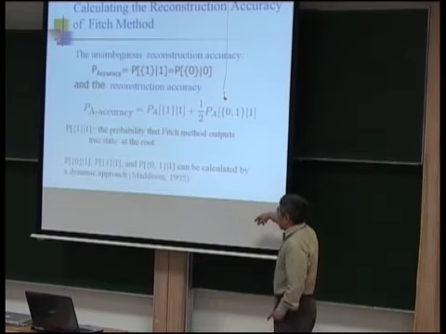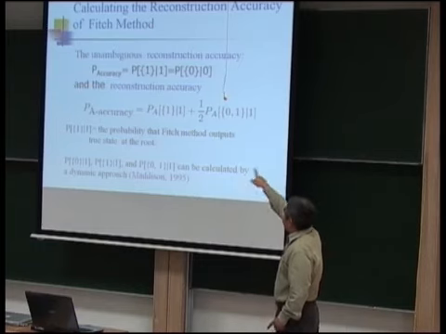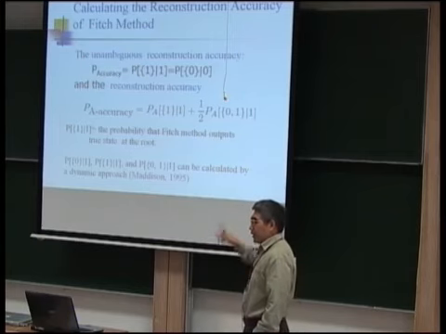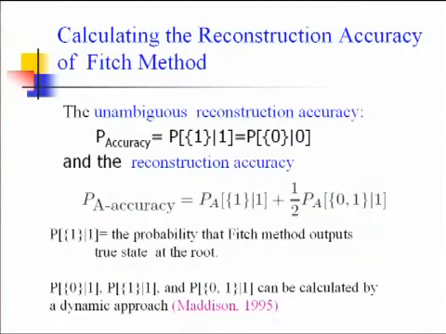In the literature, these two probabilities are considered separately, but here we put them together. Since the Fitch algorithm works recursively from the leaves to the root, these three probabilities can be calculated recursively by a dynamic programming approach in a very efficient way.